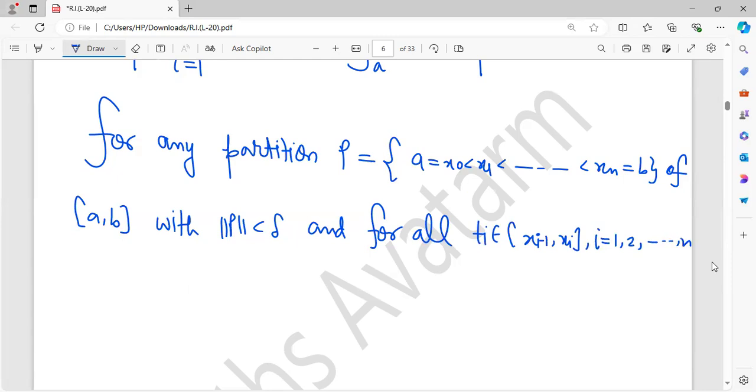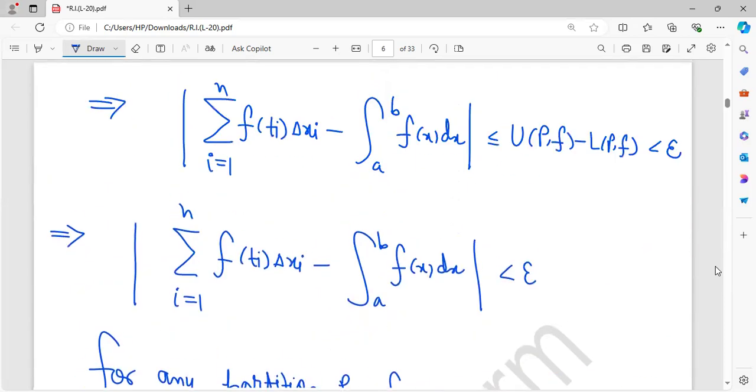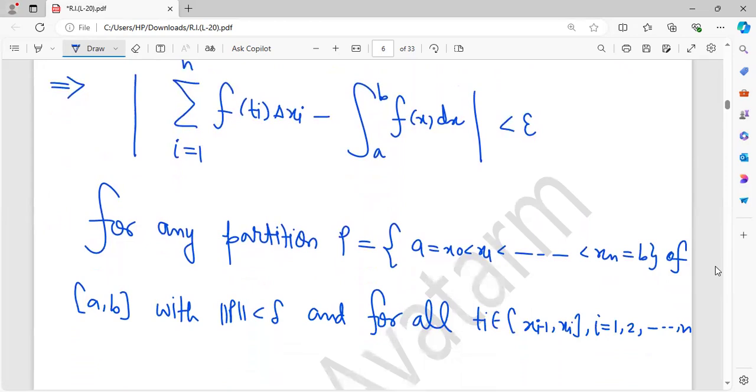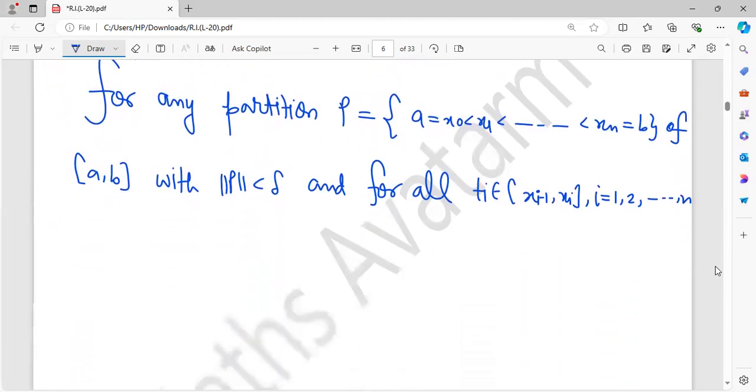So what does it mean? Given any epsilon, you go to delta. You take any partition P of the closed interval [a, b] with norm less than delta, you take ti between xi minus 1 and xi. Then the absolute value of the summation f(ti) delta xi minus the Riemann integral is less than epsilon.